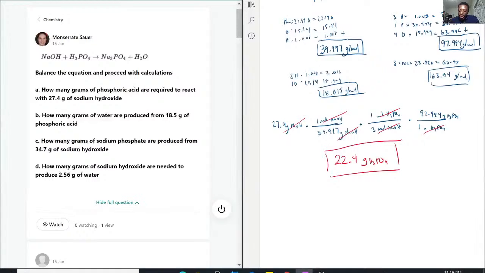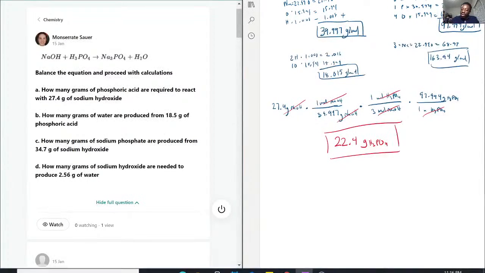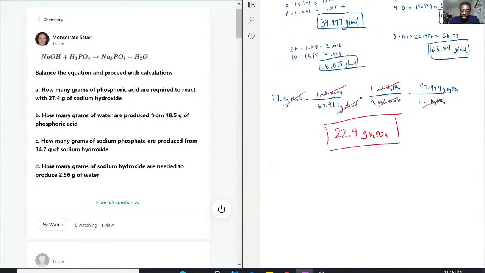Now for the next question, it says, how many grams of water are produced from 18.5 grams of phosphoric acid? So once again, we got to do the beautiful ratios. So 18.5 grams of phosphoric acid, that would be H3PO4. So now let's start converting.